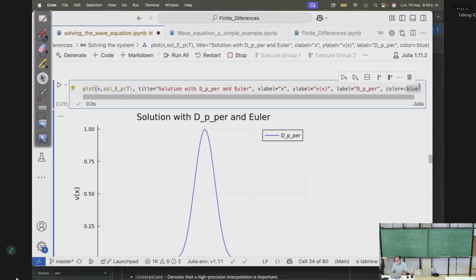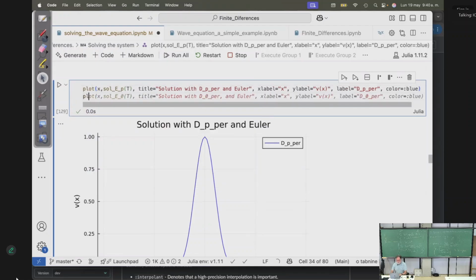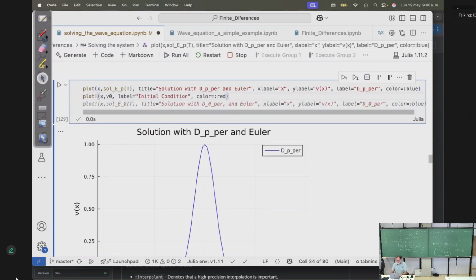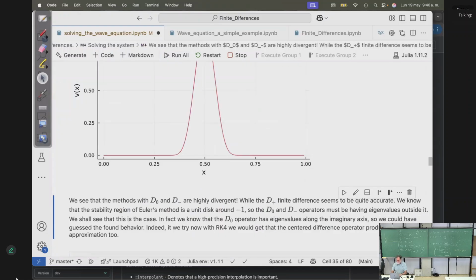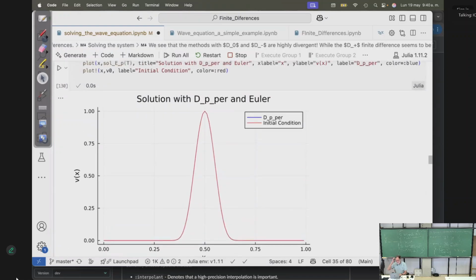Let me do that here. So we do plot x, b0, which was the initial data. And we see that one is over the other.